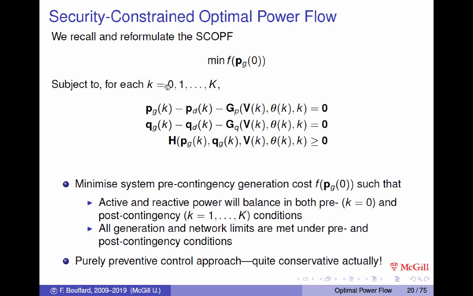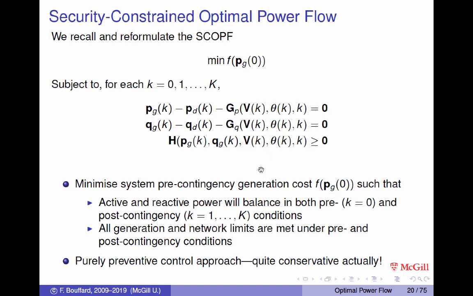For each of the degraded states, including the precontingency state, we have to satisfy active and reactive power balances and power flow solution equations, subject also to other constraints. You have to realize that this block of equalities and inequalities is reproduced k+1 times to represent the power system in its k+1 possible scenarios.